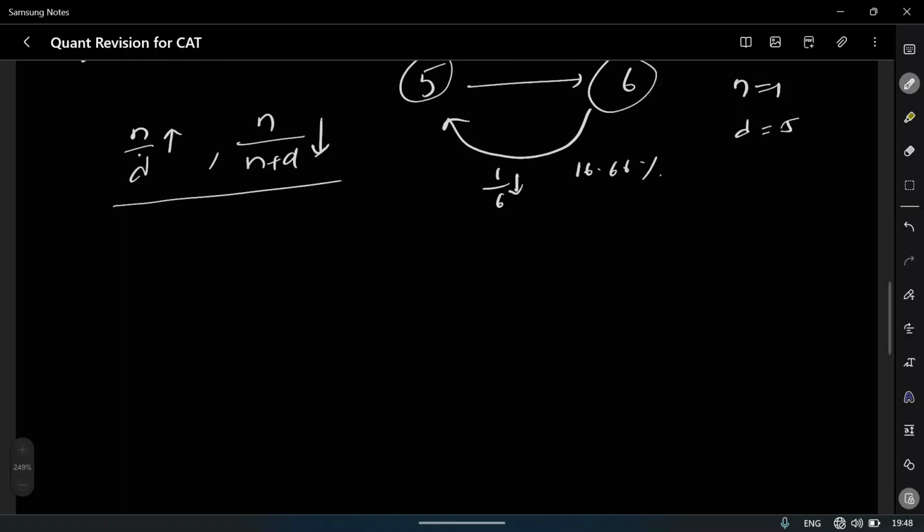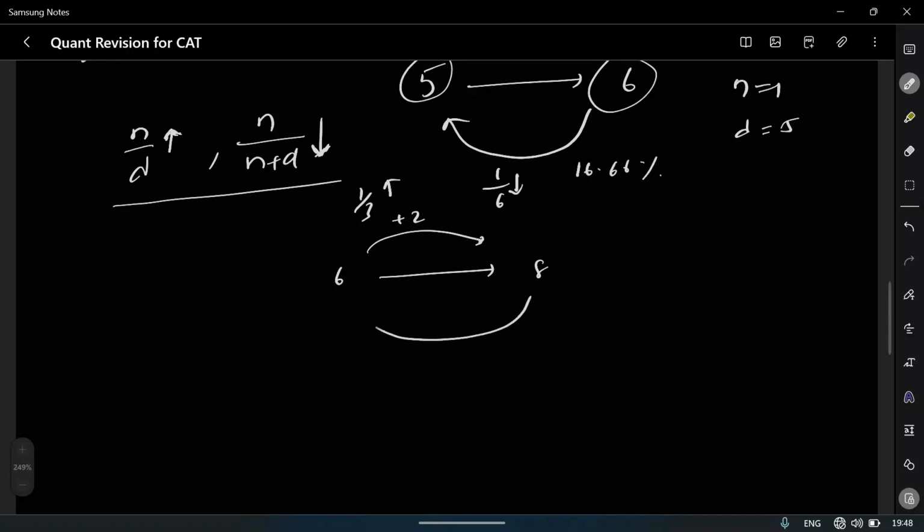So how to remember this? Just remember the arrow mark here. So the arrow mark, when it is present downwards, that implies the weightage towards the denominator is more. So I will take another example. When 6 becomes 8, there is an increase of plus 2, right? Plus 2 means 1 by third increase.